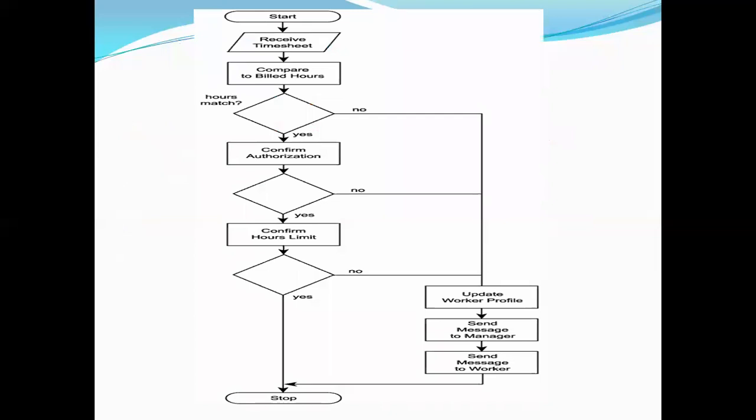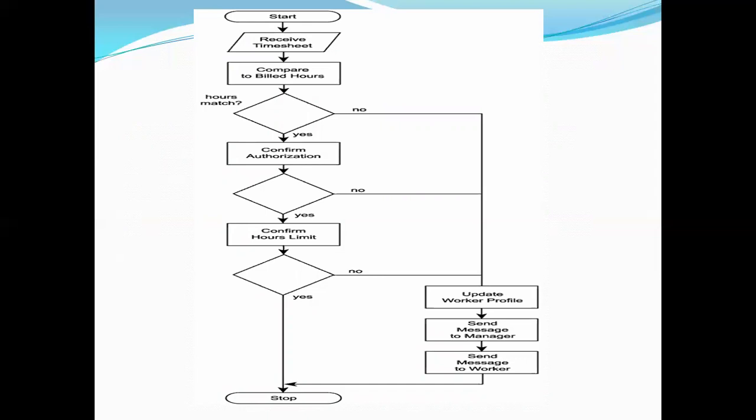See here, the same thing is represented with the help of a diagram. In the analysis phase, the system analyst draws different diagrams. The diagram may be a flowchart or an activity diagram.